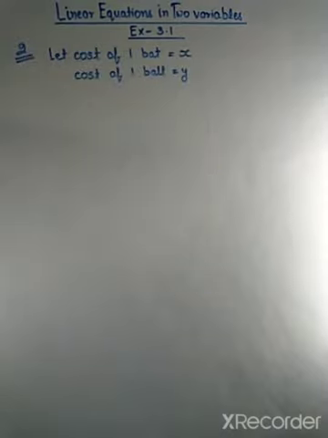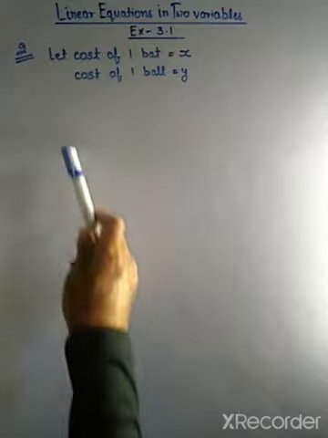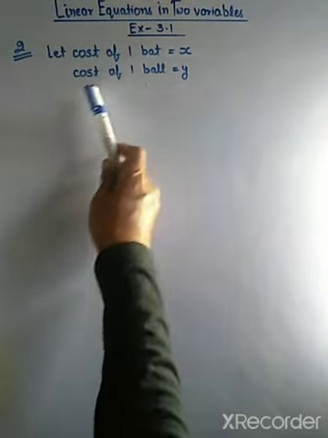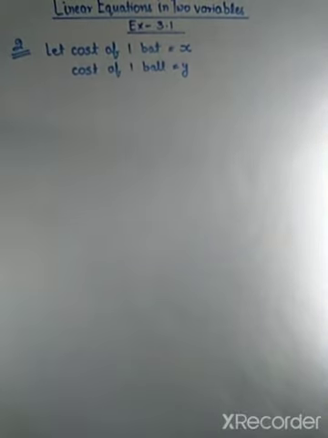Question number 2. The coach of a cricket team buys 3 bats and 6 balls for rupees 3,900. Later, she buys another bat and two more balls of the same kind for rupees 1300. Represent this situation algebraically. So let the cost of one bat equal x and the cost of one ball equal y.